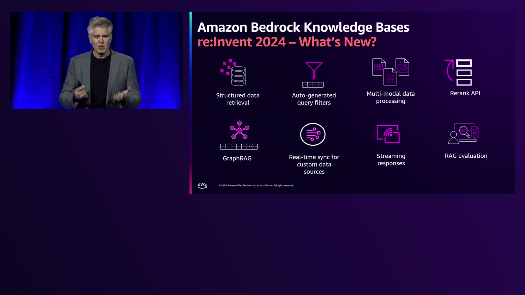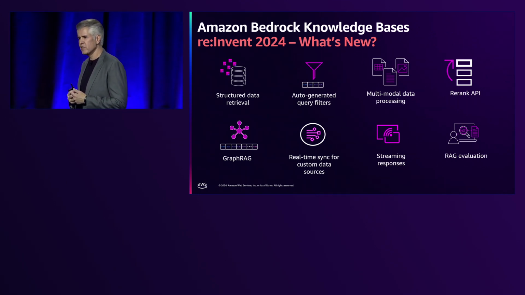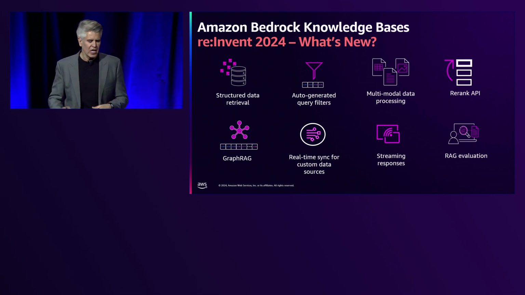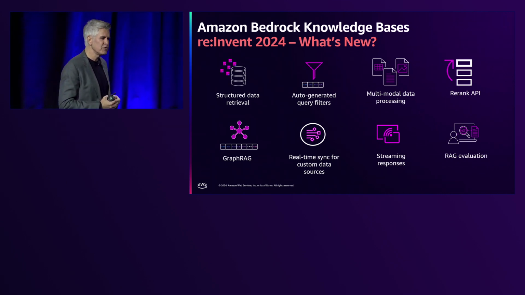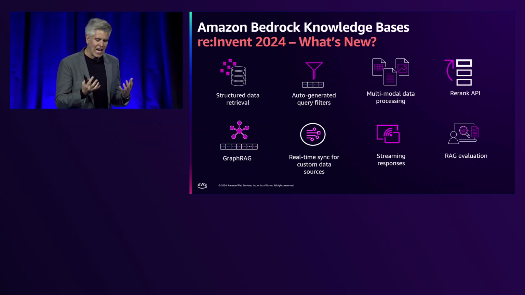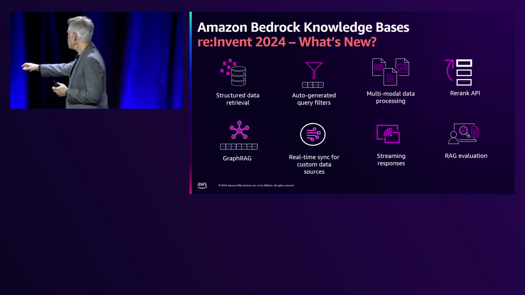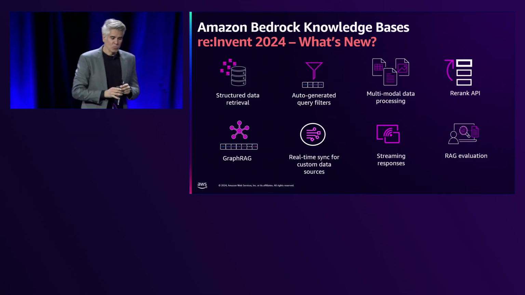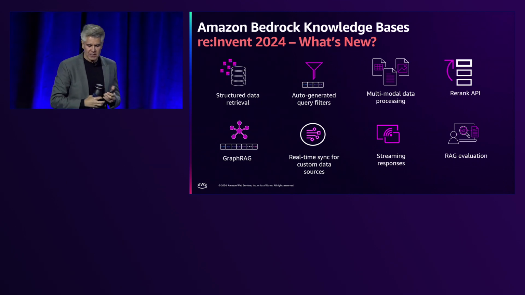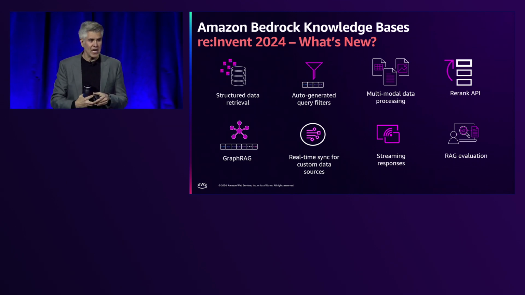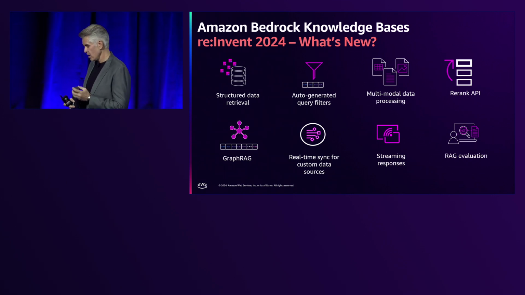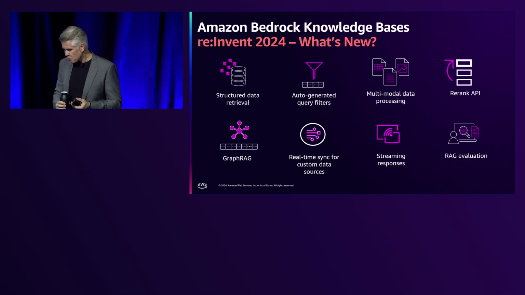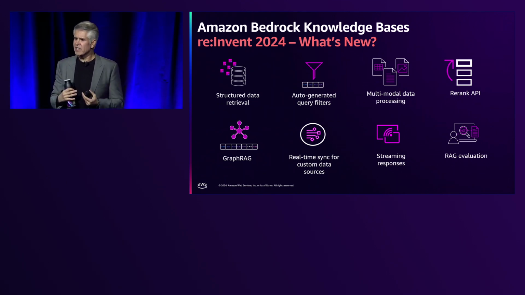We also now, much like you have manual filters in the past, from a query, we have auto-generated query filters that allow you to auto-generate the filters from a query. We also released the re-rank API, which allows you to do post-processing on retrieval to get the most prioritized content when you retrieve the data.